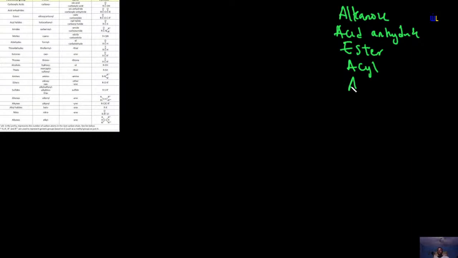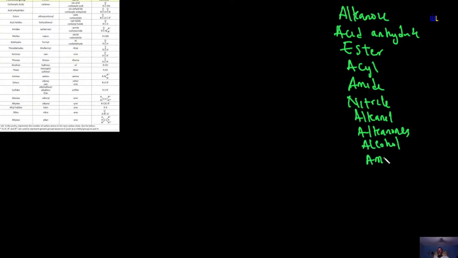So you consider the amide group, then the nitrile, and after the nitrile, we can now get into our alkanals, our alkanones. After the alkanones, we can consider alcohol. Before we consider amine, then we could get into the ether and talk about the alkyne, then the alkene, and then finally the haloalkanes and every other thing.